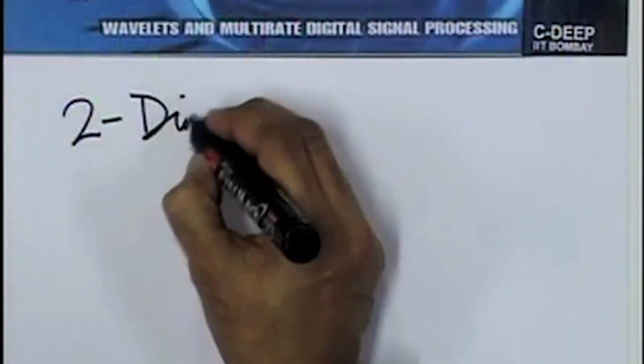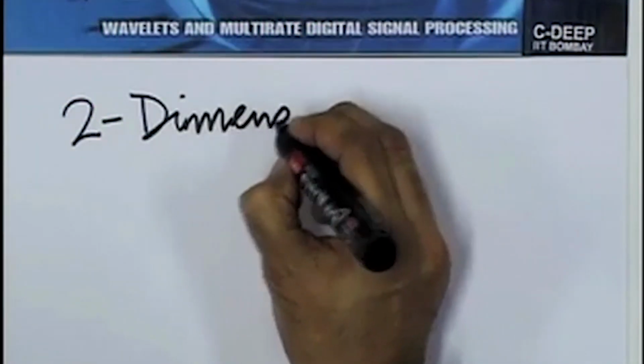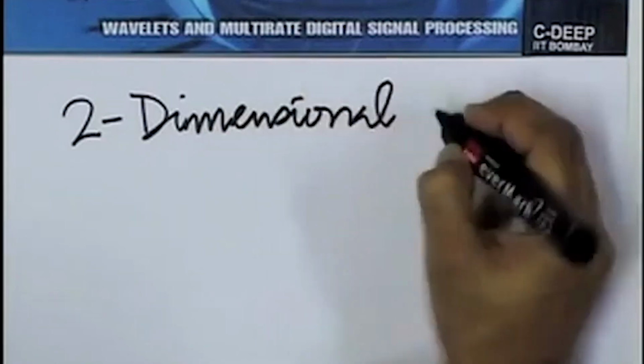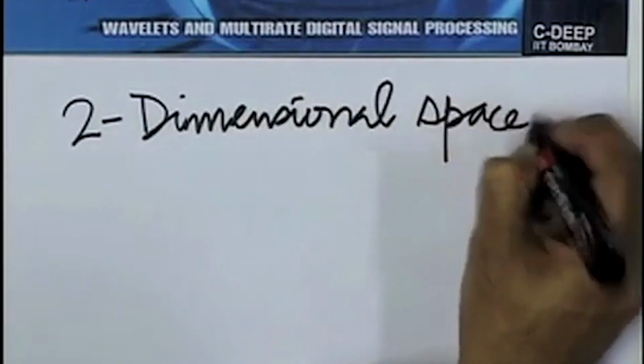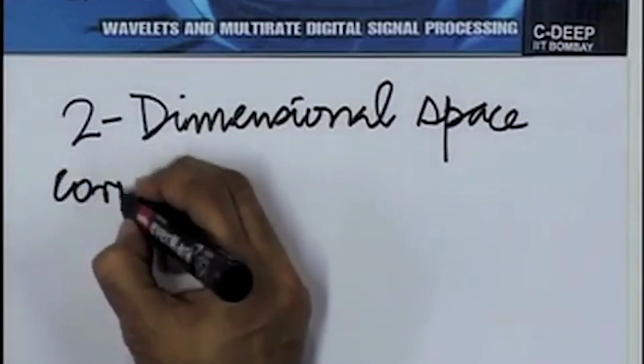So, for example, let me treat the plane of the paper as a two-dimensional space, corresponding to this paper.